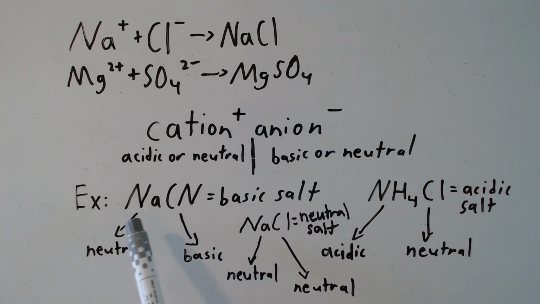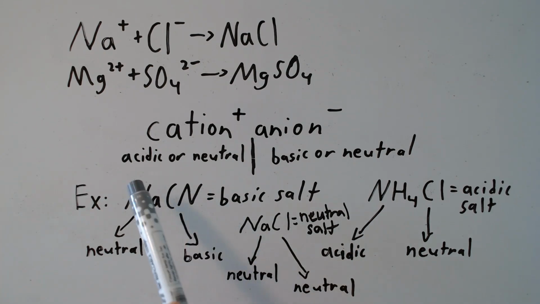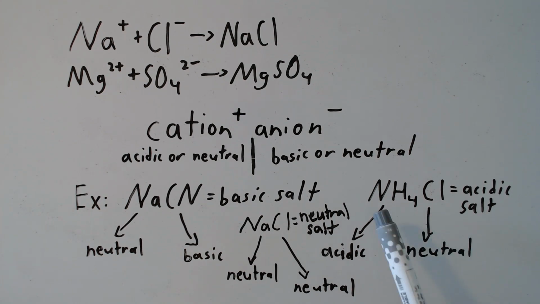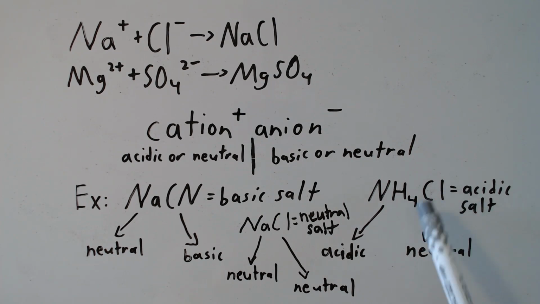For example, the NaCN salt is a basic salt because the CN- part of it, the anion part, is basic, while the Na+ part, the cation part, is neutral. So neutral plus basic is basic. So NaCN is a basic salt. Another example is NH4Cl. In this ammonium chloride salt, the NH4+ cation is acidic, and the anion Cl- is neutral.